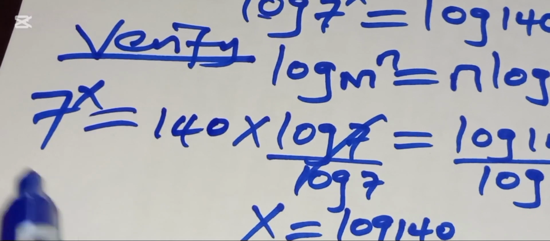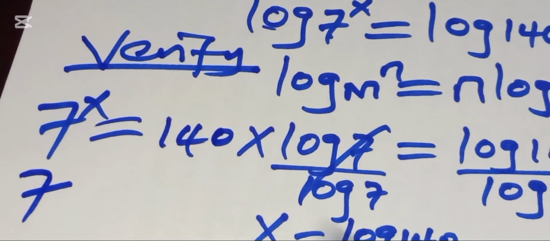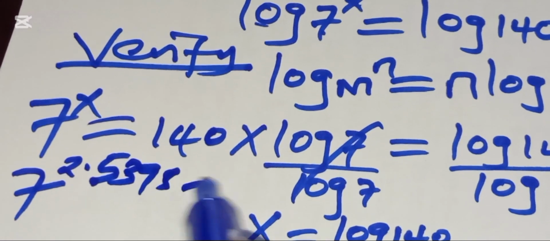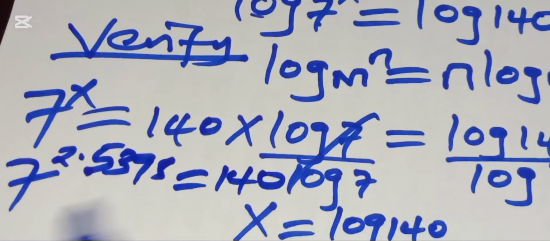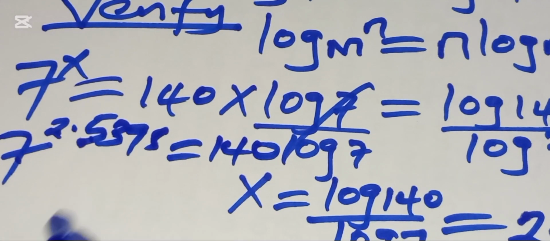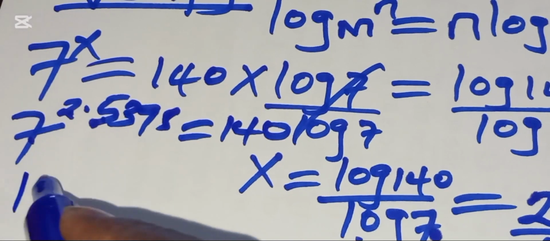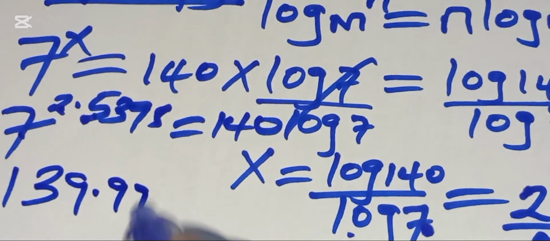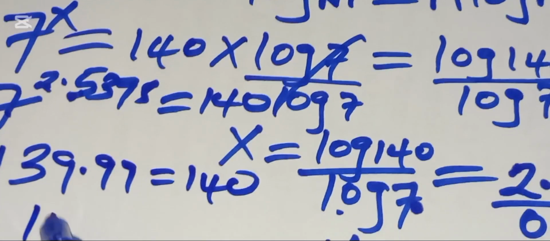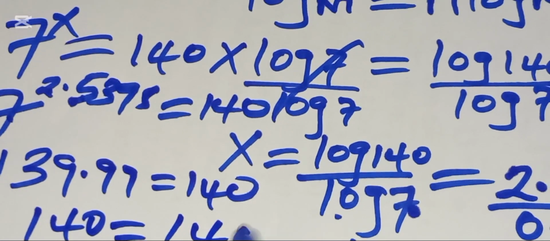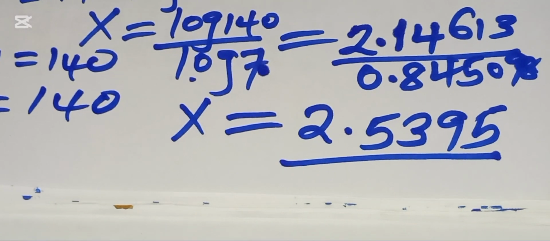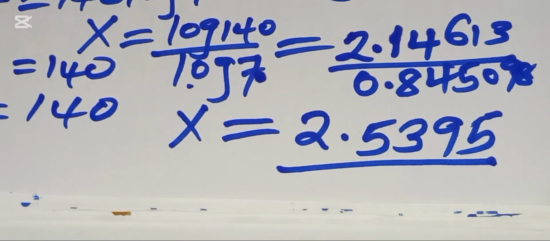So let's substitute the value of x, which is 2.5395, and see if we have 140. 7 raised to power 2.5395 is actually 139.99, and if you round off, this is 140, which is equal to 140, and that affirms that the value of x is 2.5395. That's method 2.